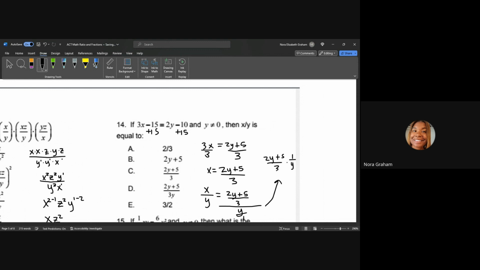And that just multiplies to my 3, so I get 3y. So the answer for this one is actually going to be E. Oops, not E. It's actually going to be D.